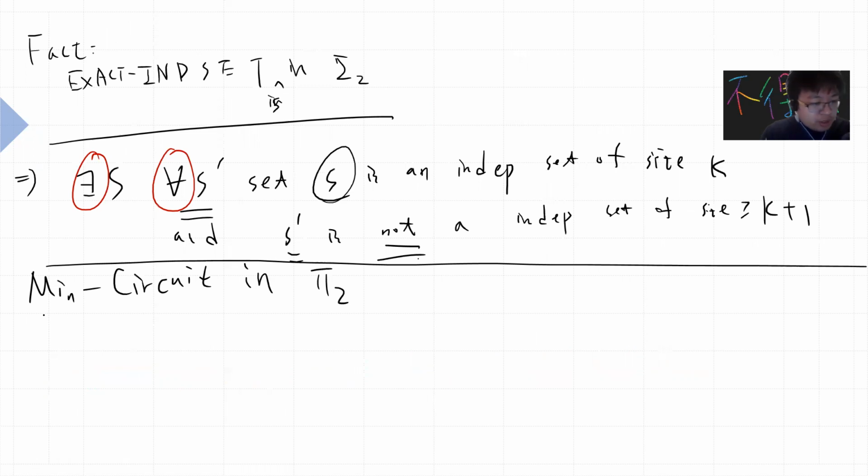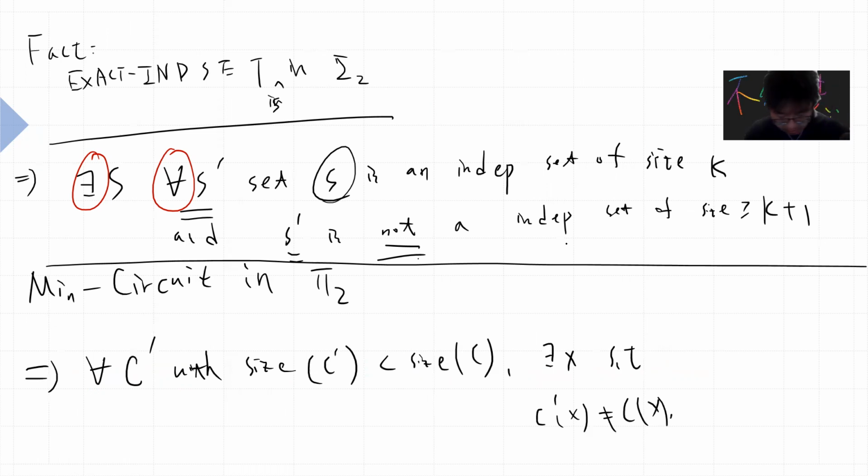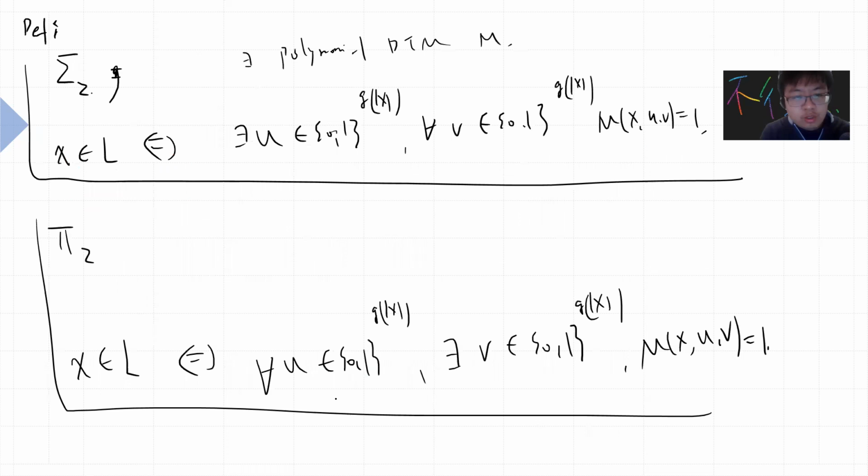I can write this as: for every circuit C prime with size less than the size of C, there is an X such that C prime of X is not the same as C of X. So this is exactly for all and exists. If we see for all and exists, this is a natural language in pi 2.